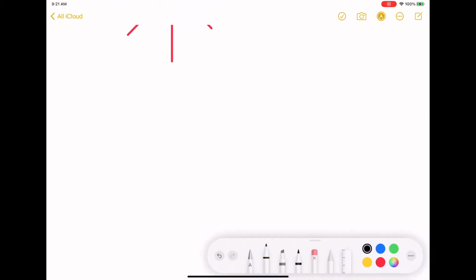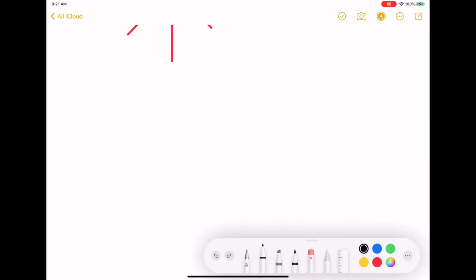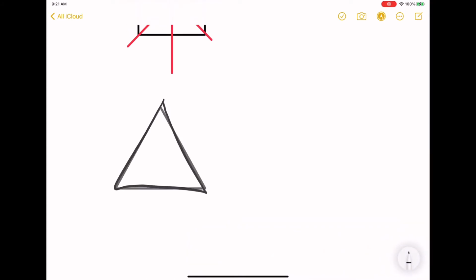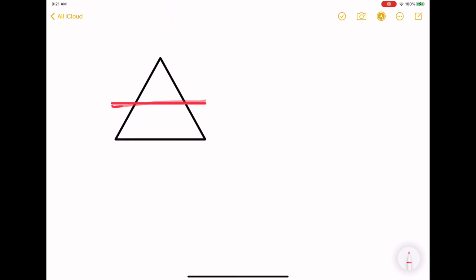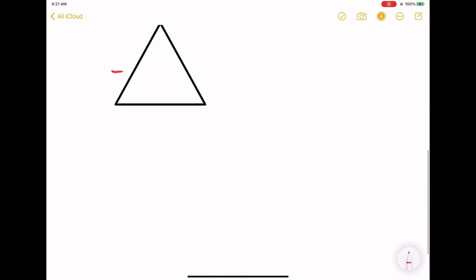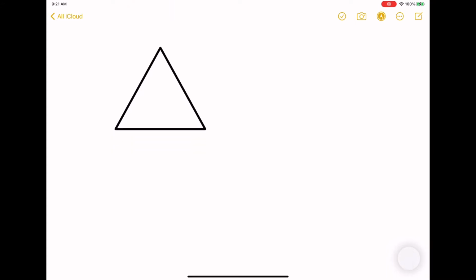Now it's really important that when you have your axis of symmetry, both sides, when you cut it in half, are equal. For example, if I take this triangle right here and split it with a horizontal line, those two top and bottom parts are not equal, meaning that is not a line of symmetry.